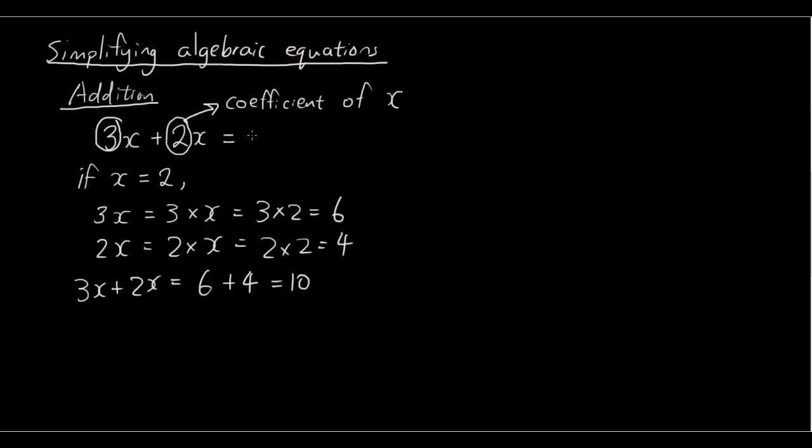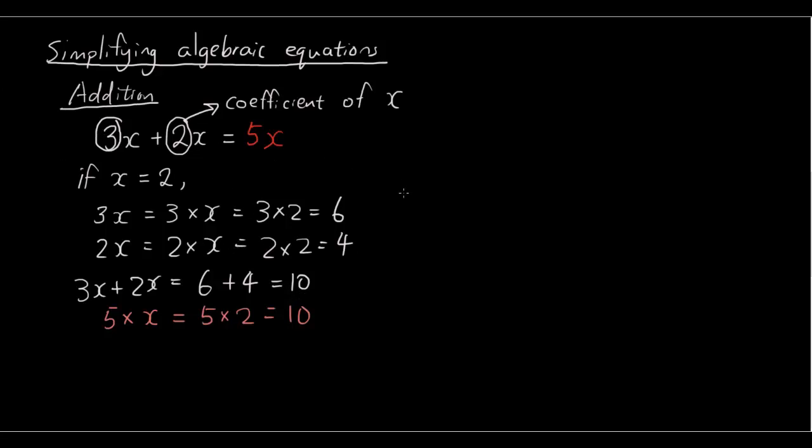So 3 plus 2 is 5x. Now let's test it to see if this is correct. So 5 times x is 5 times 2, which is also 10. So therefore, from the example we have shown here, 3x plus 2x is 5x, and it works for when x is 2.